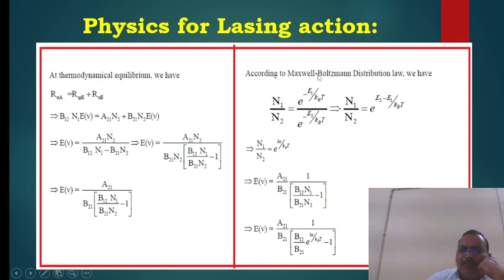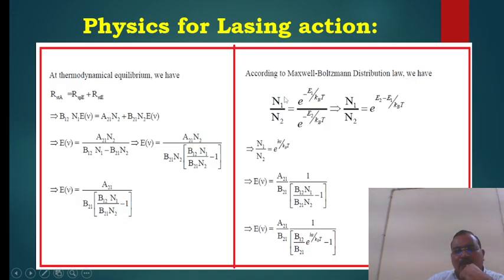According to the Maxwell-Boltzmann distribution law, which we know where it comes from: when there are distinguishable particles and you have to count them, you use statistical data analysis. We studied this law in first year in statistical physics.